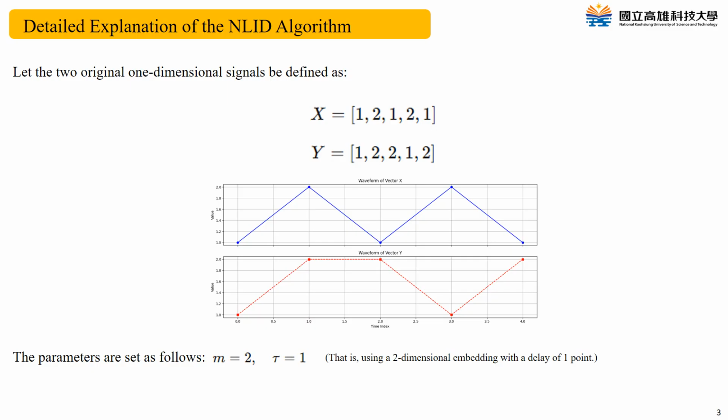This gives us a good example for analyzing nonlinear relationships between signals. In this case, the parameters are set to m equals 2, tau equals 1, which means a two-dimensional embedding with a delay of 1 point. Next, I will use these settings to reconstruct the signals in phase space.